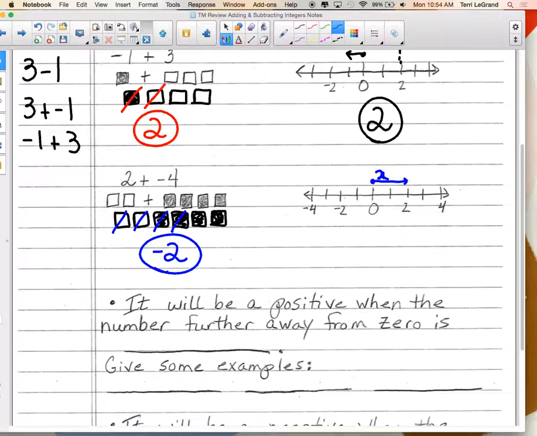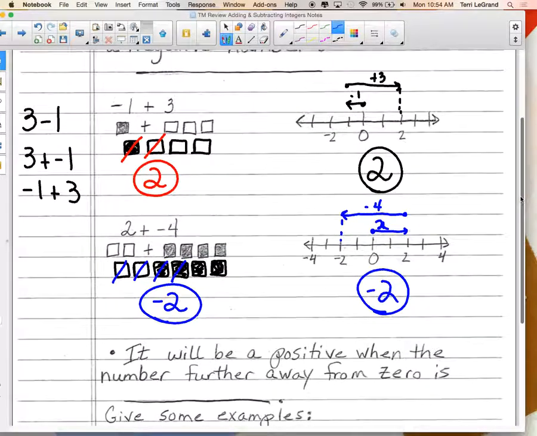Okay, so we're going to start there at where we stopped with our first one, and we're going to go 1, 2, 3, 4 units to the left because we have a -4. And what's followed down to the number line? Well, looky there, we end at -2.